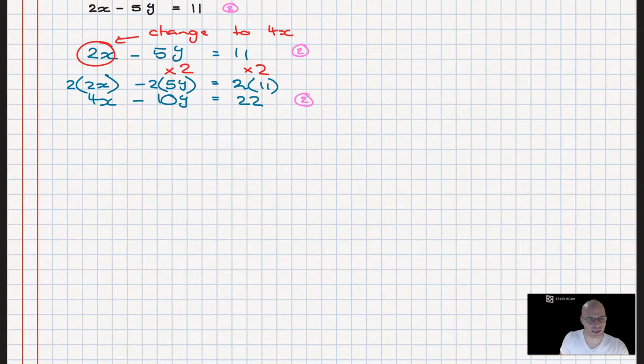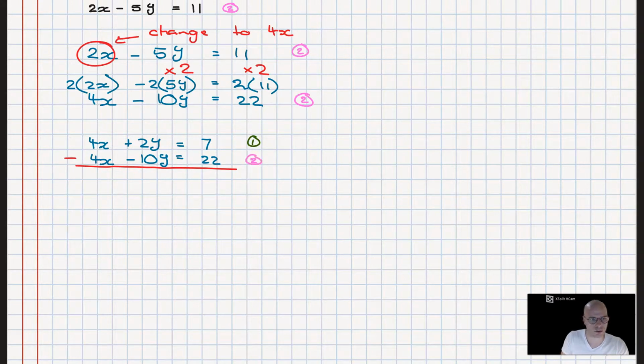Alright, now going back, we have for equation 1, 4x plus 2y equals 7. Then for equation 2, we've got 4x take 10y equals 22. Now, because we've got these two 4x's here, we're going to go for subtraction. Still equation 1, equation 2.